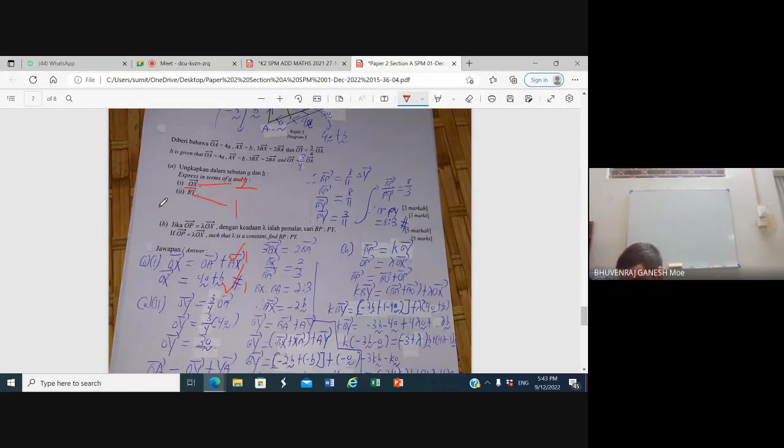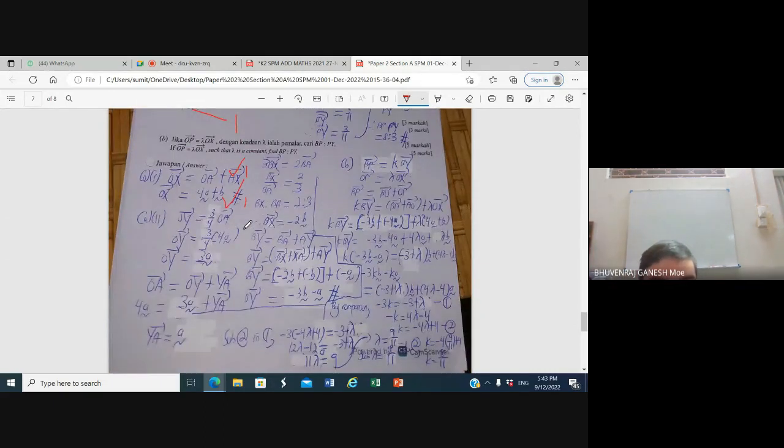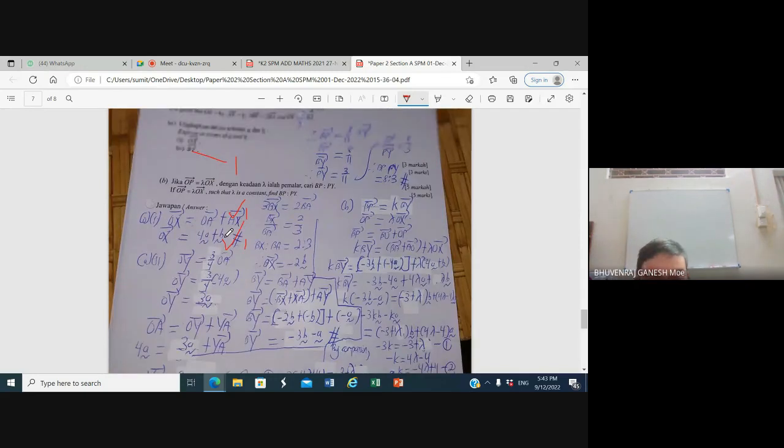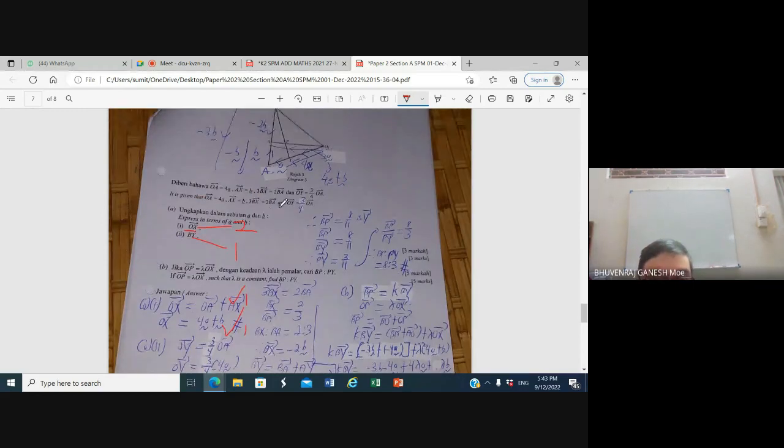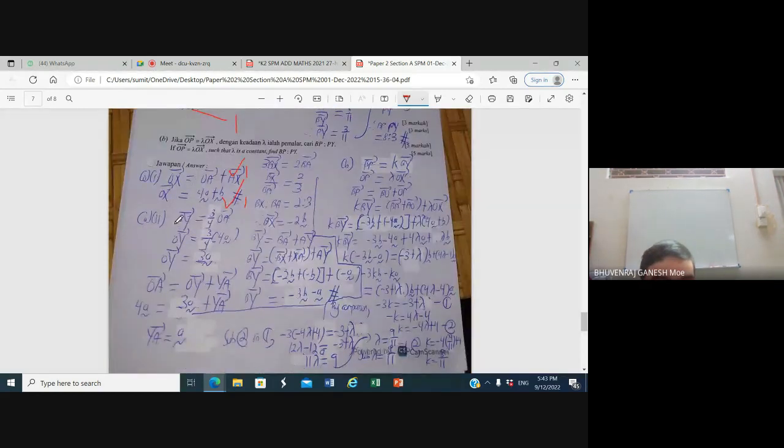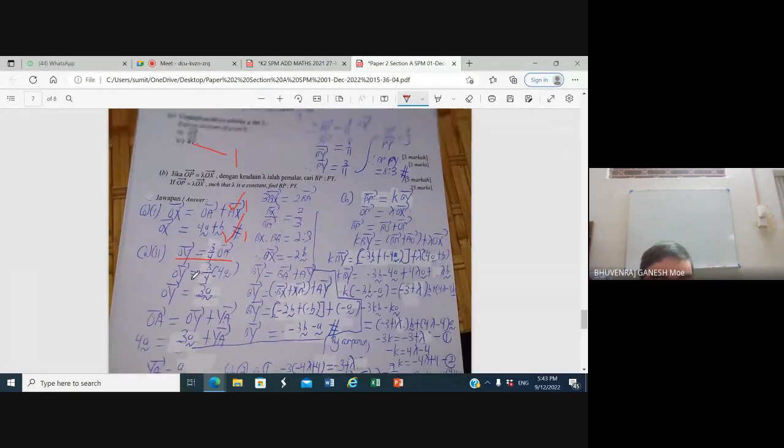So what I did here is, the ratio is actually very simple. I showed you how we do the ratio. OY they gave here is 3/4 OA, right? And then OA, do you know what's the value? 4A.